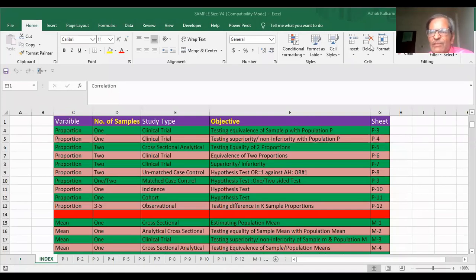This part of the presentation deals with the demonstration of the Excel sheet, the Excel-based application that I have prepared for calculating the sample size. The peculiarity of this program is that it will help you in calculating the sample size for about 20 to 25 different types of study designs.